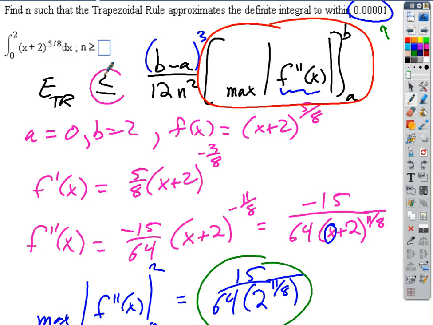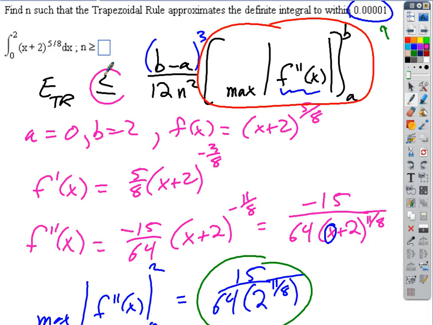Now that number that we calculate has to be less than 0.000001 because we need the error to be less than that, right? Does that make sense? So what this is saying is the error that this formula calculates, depending on the function you're using, sometimes might even be better than the threshold.